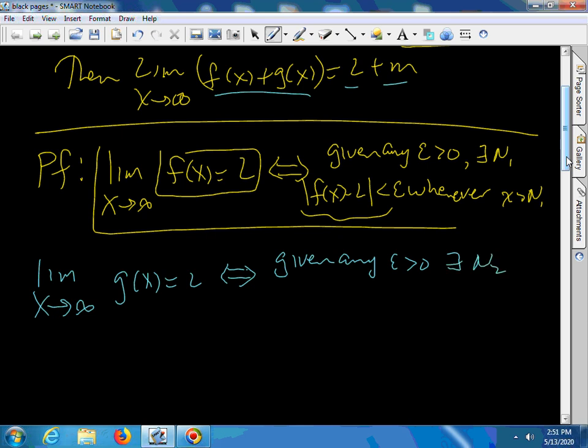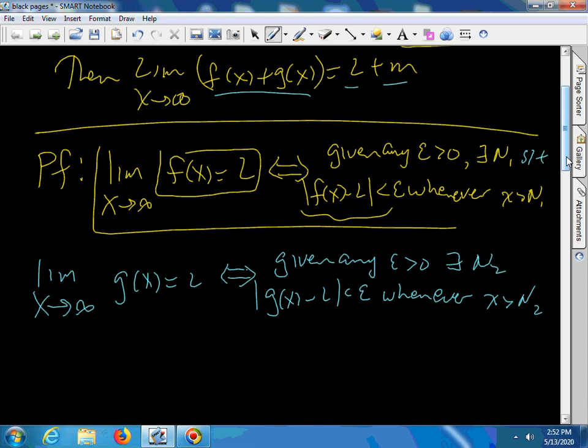No reason why it should be the same as n1, such that g of x minus M is quite small. It's less than epsilon whenever x is bigger than n2. Okay.